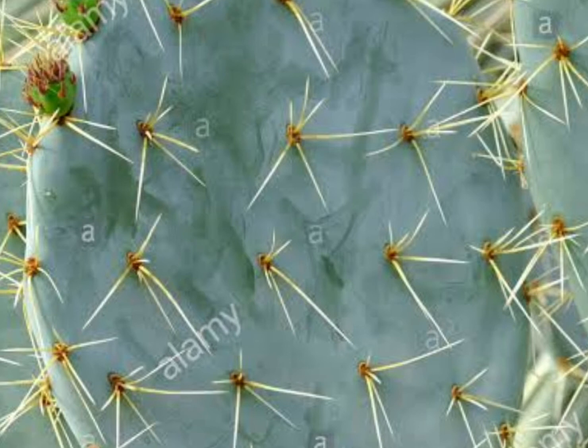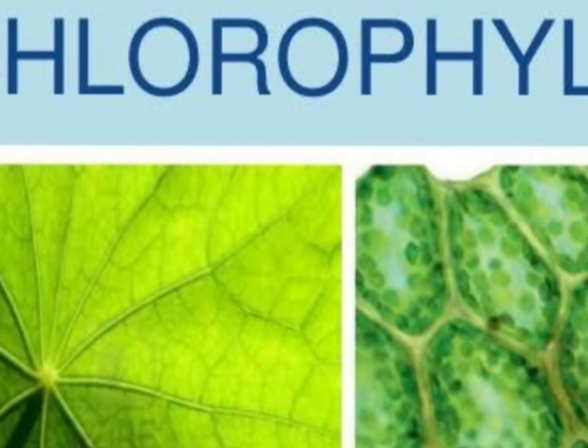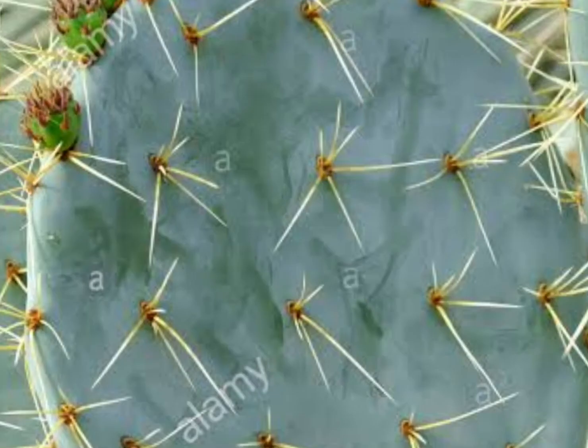This cactus is green in color because it is a stem. The stem has chlorophyll. That's why it is green in color, and its leaves are modified into thorns or spines.